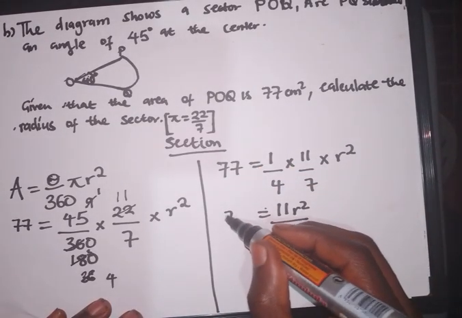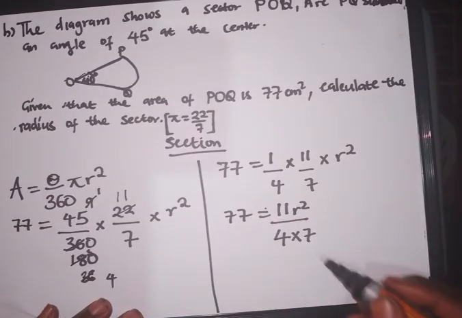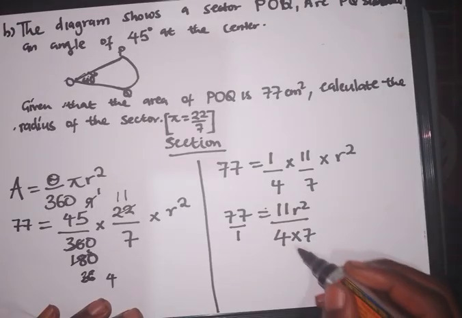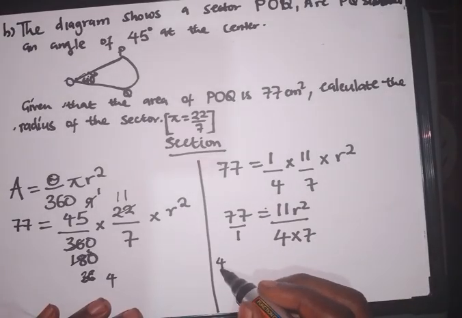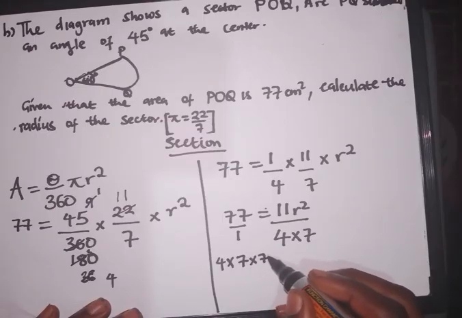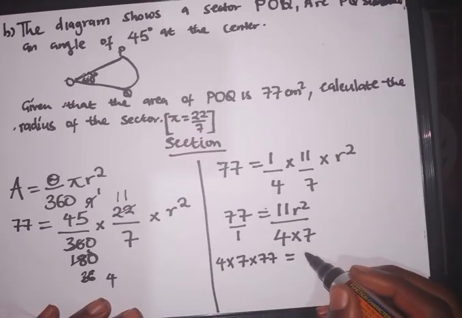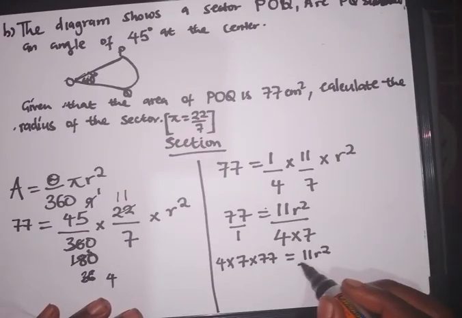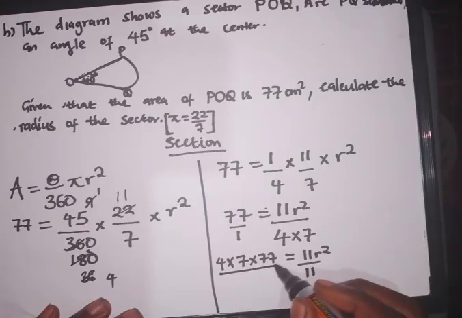Then you close multiply, so you have 4 times 7 times 77 should be equal to 11 r squared. Then you divide by 11.